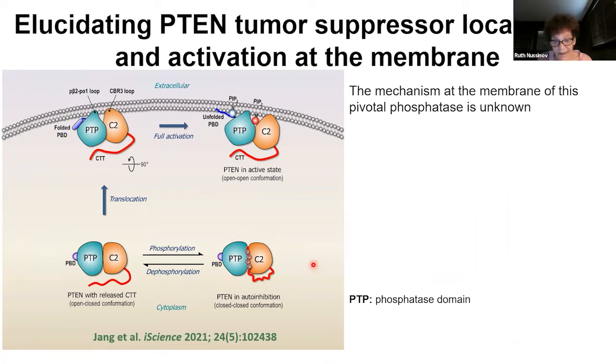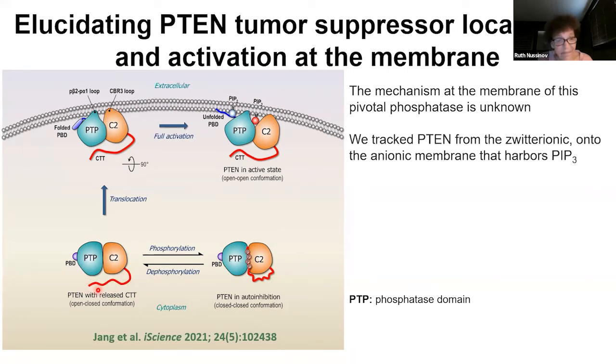So here we see what we call the autoinhibited state of PTEN, which is what we called the closed conformation. This is the C-terminal tail, it is in the phosphorylated state. This is the PIP2 binding domain, it is collapsed here. Dephosphorylation opens the tail, releases it.